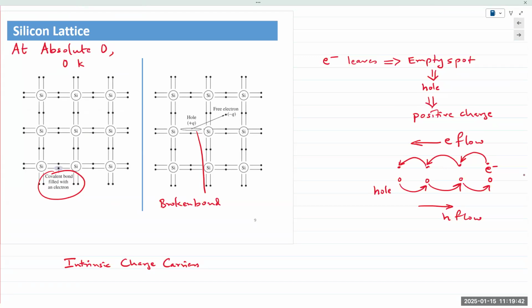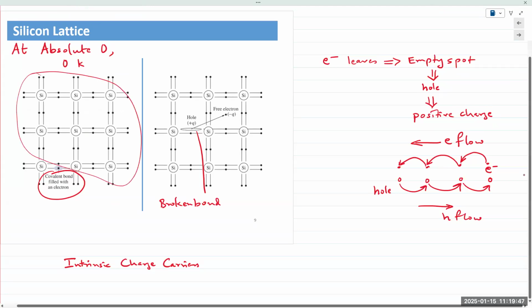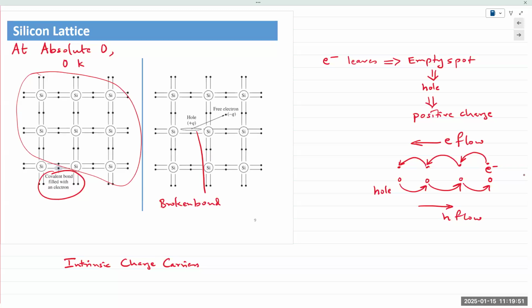So all of these electrons, whether they are in place or they have moved out of place, are already present in that silicon material, and so they are intrinsic to the material. We are not introducing any external impurities at this point.